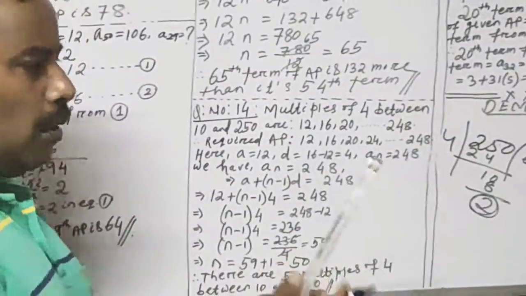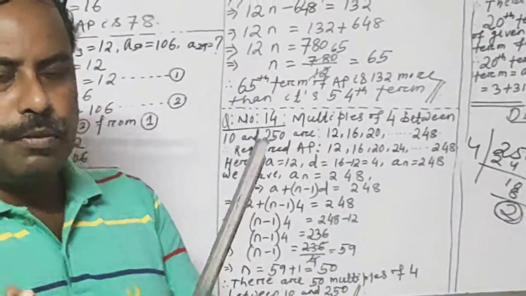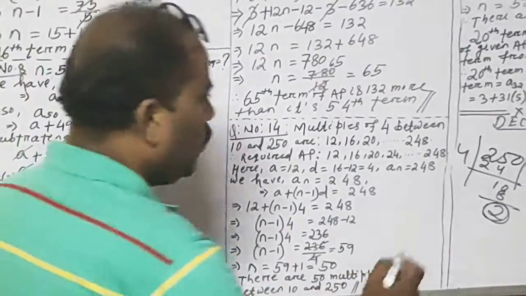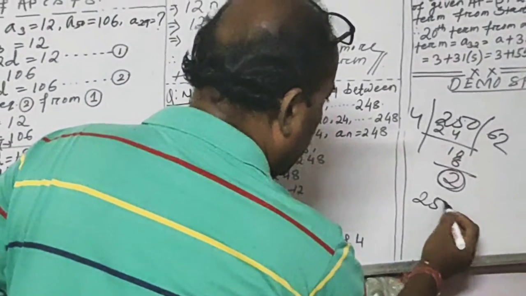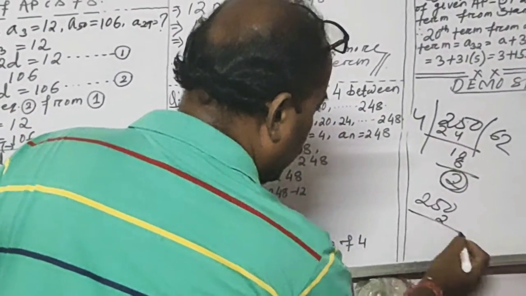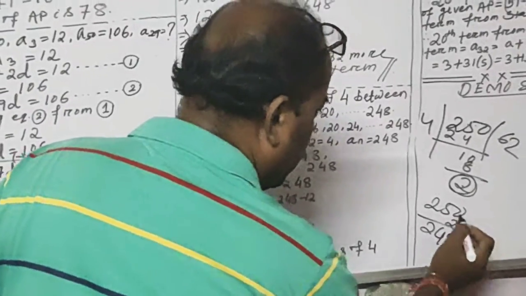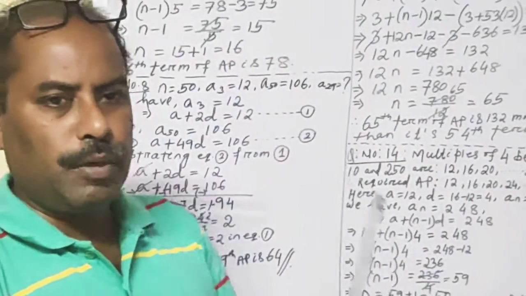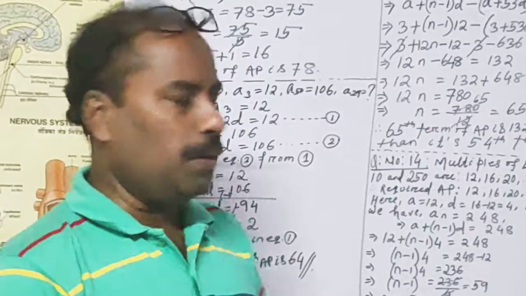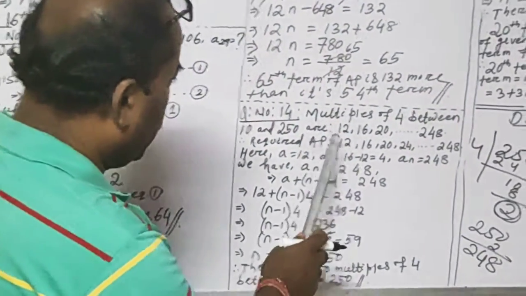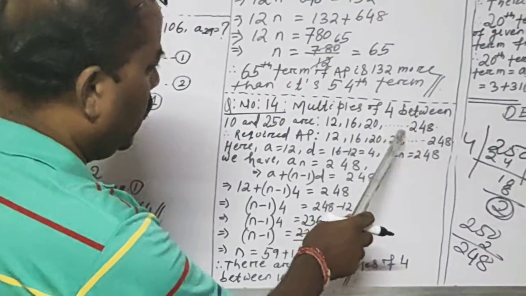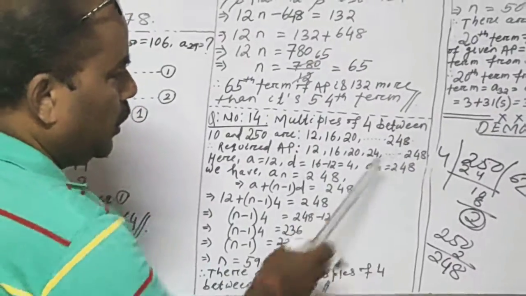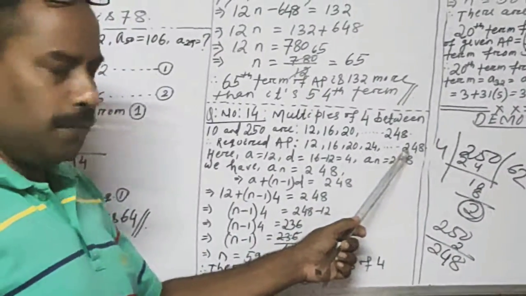To find the number divisible by 4 before 250, we subtract the remainder: 250 minus 2 is 248. 248 is the last multiple of 4 before 250. That's why I have written 12, 16, 20 dot dot 248. 248 is the last term before 250.